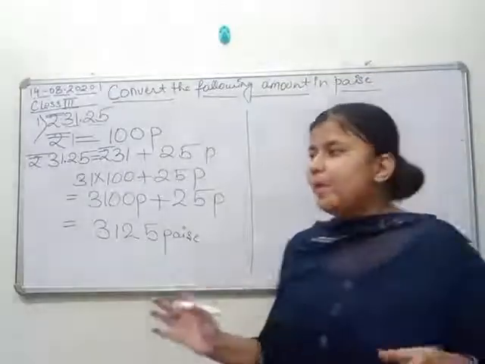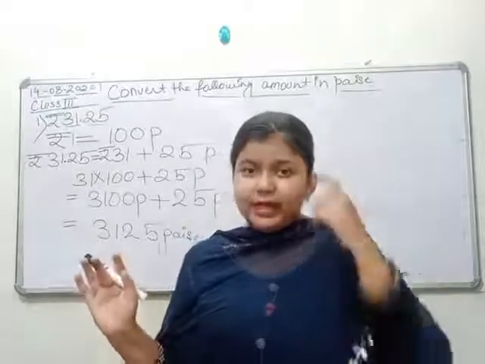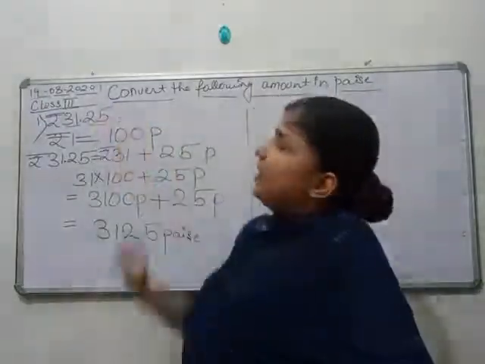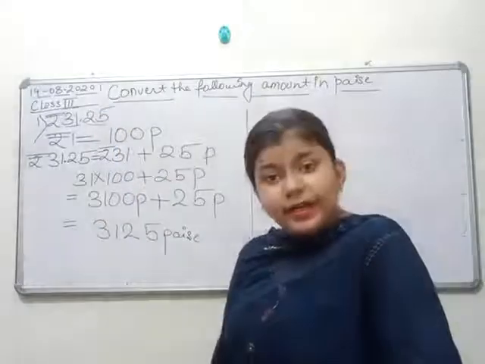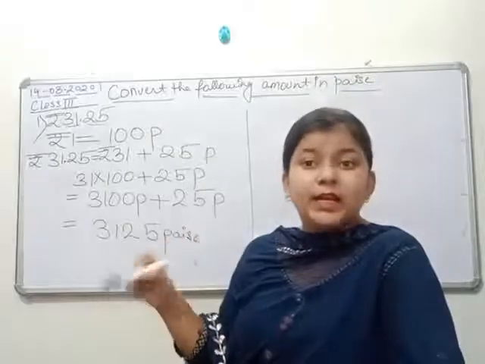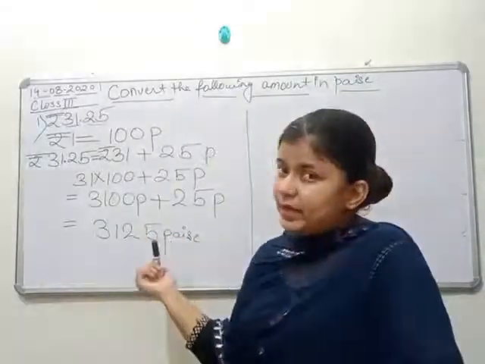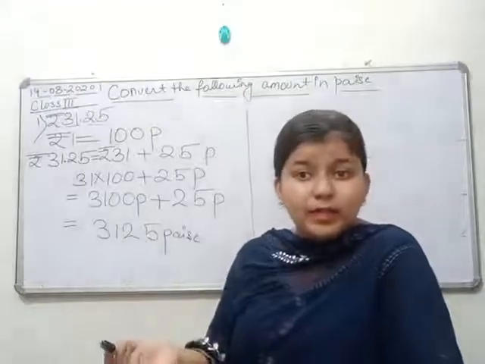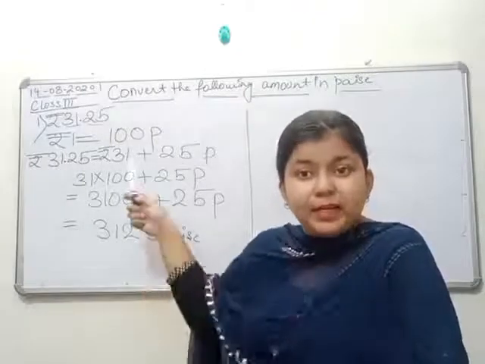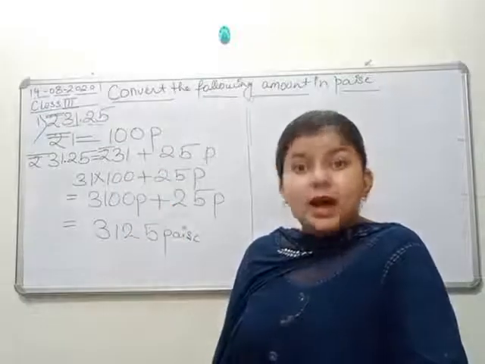देखो जब भी कोई अमाउंट रुपीस और पैसे में दिया है तो सबसे पहले हमें ये देखना है कि यह 25 पैसा, यह पैसा पार्ट ऑलरेडी गिवन इन पैसे है, तो हमें उसे कन्वर्ट नहीं करना है. हमें रुपीस पार्ट को पैसे में कन्वर्ट करना है, by multiplying it with 100.